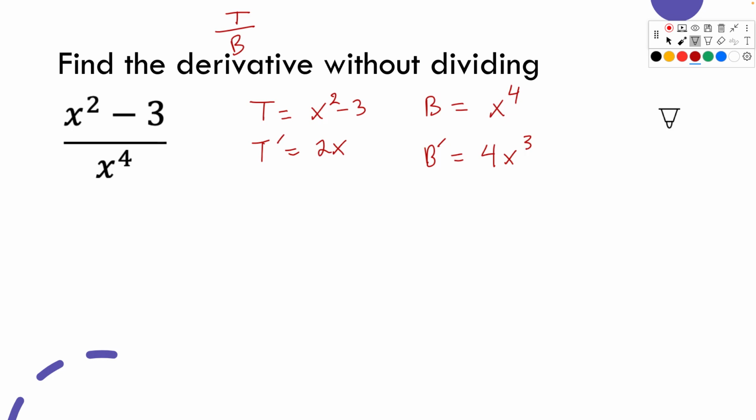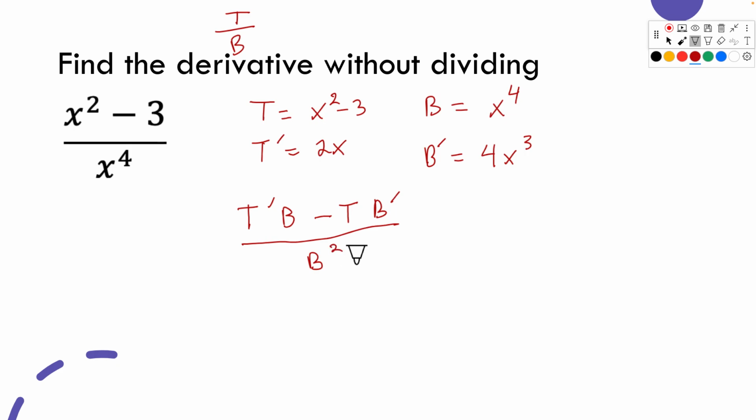Now I just have to go back, take a look at that formula. And again, I like to use t and b, whatever you feel comfortable, remembering it the way you want to use it. It's the derivative of the top times the bottom unchanged minus the top times the derivative of the bottom, all divided by the bottom squared.